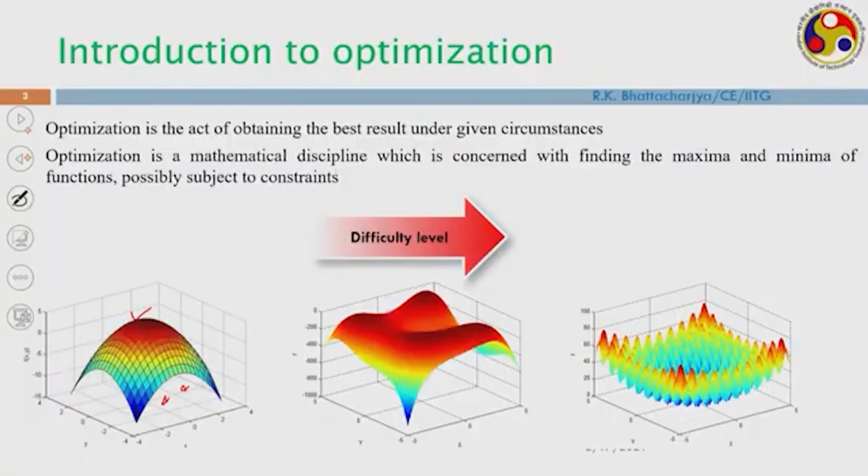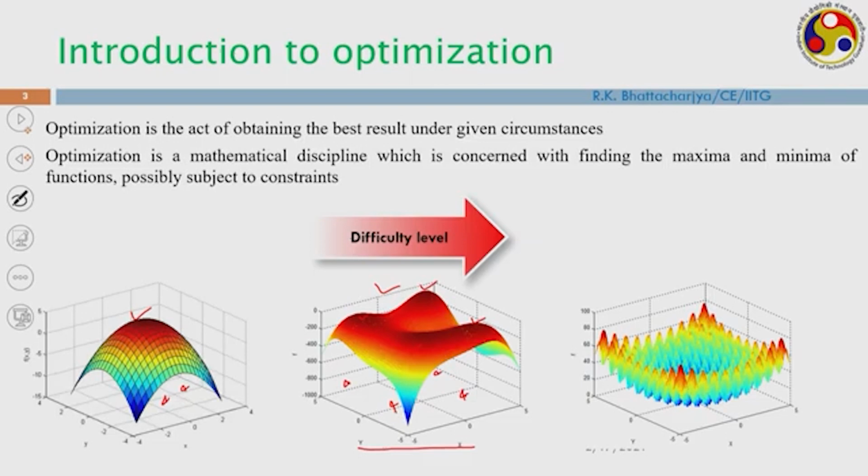Now let us look at the second function. The second function is a relatively difficult function. Here you have 4 optimal solutions, and if you take some initial solution somewhere here, you may get this optimal solution. If you take somewhere here, you may get this one, or somewhere here, you may get this solution.